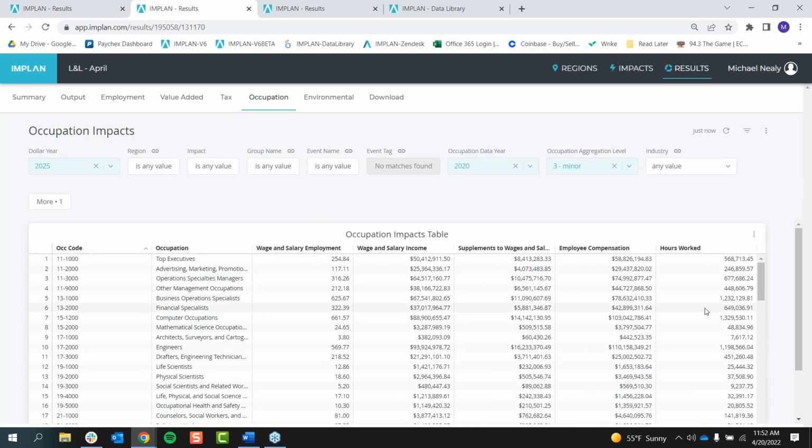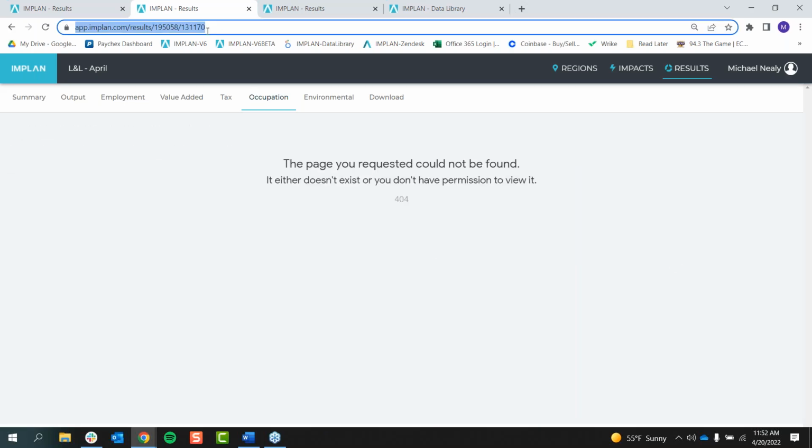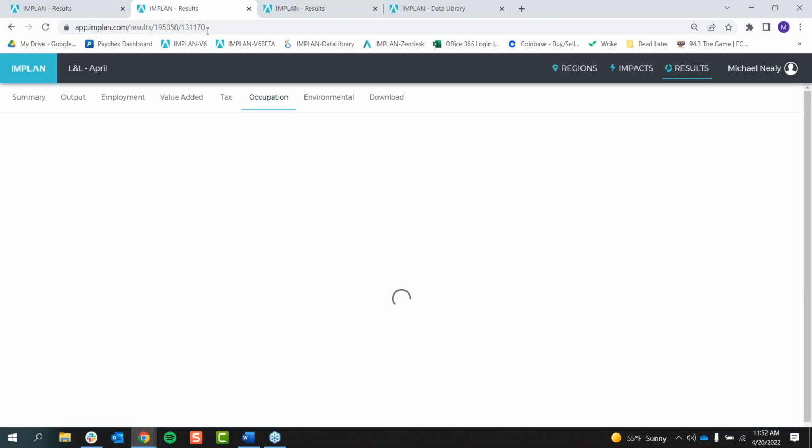We could also utilize the occupation impacts table within our results to see how this new Industry 307 production changes the occupational outlook in the state of Ohio. So sorting the occupations table by wage and salary employment, which it does not want me to do for some reason.